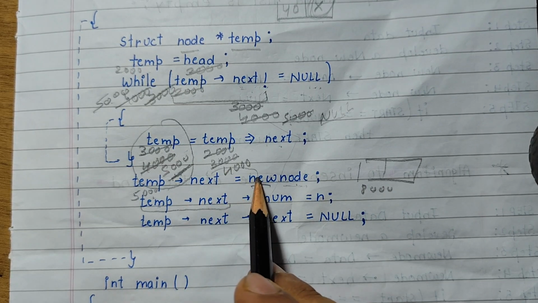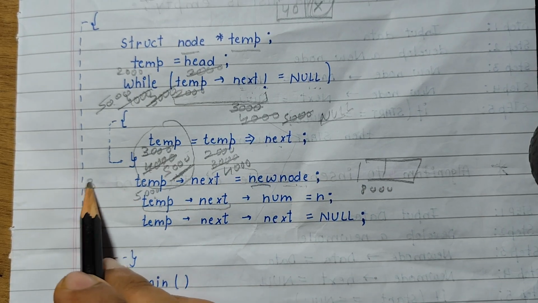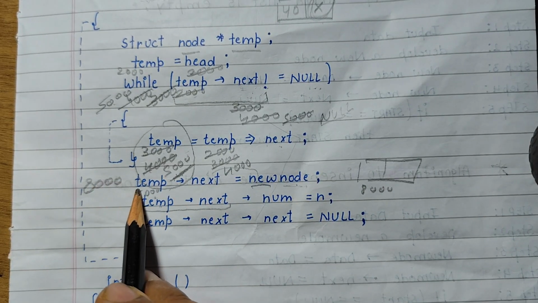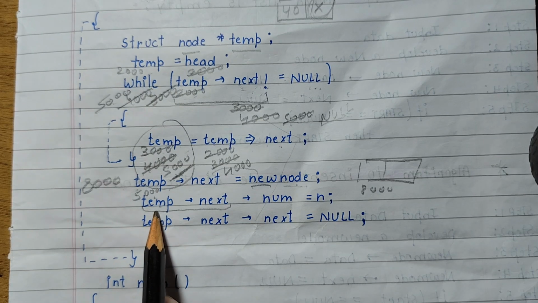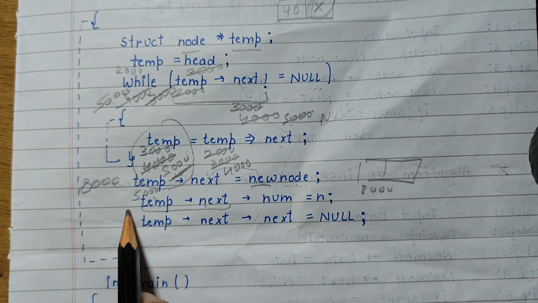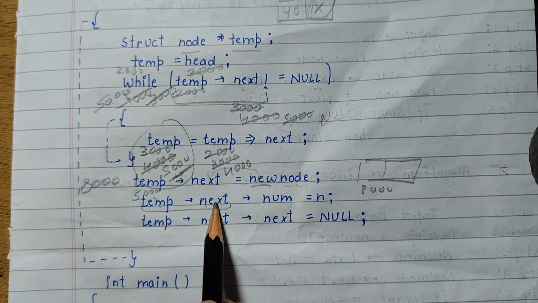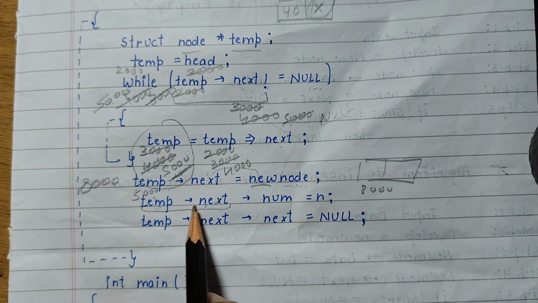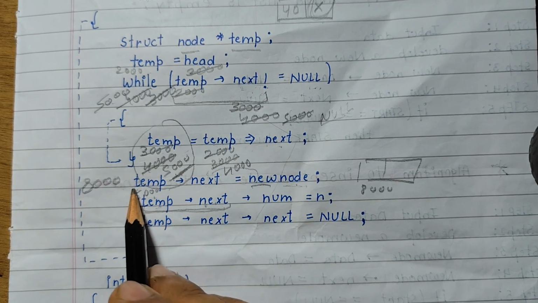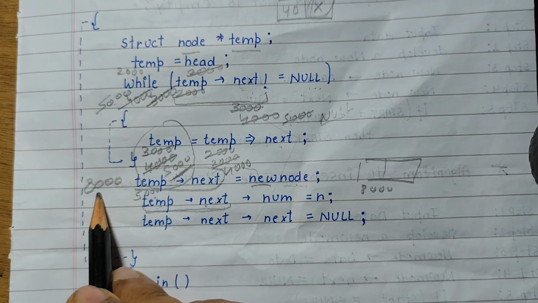It means temp of next has a value 8000. Temp of next has a value 8000 right now. So temp of next means 8000 of next. Now this complete temp of next becomes 8000.